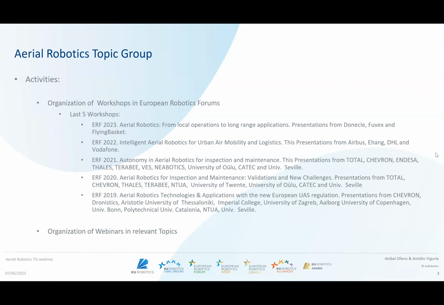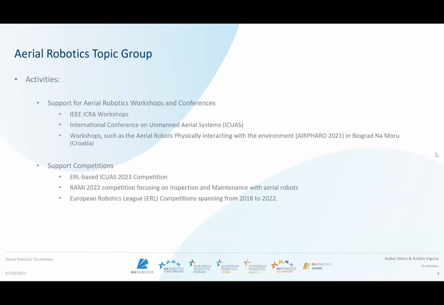For example, in 2019, we considered aerial robotic technology and applications with the new European regulations. But in other cases we consider it implicitly.